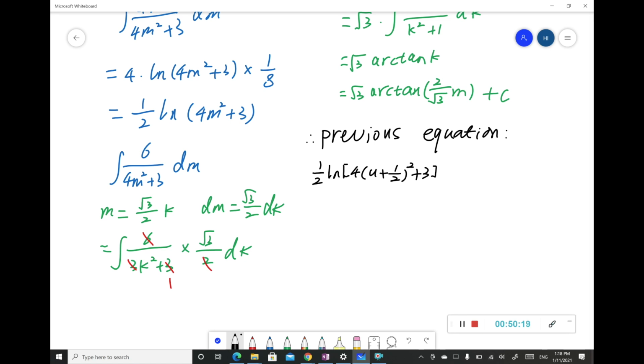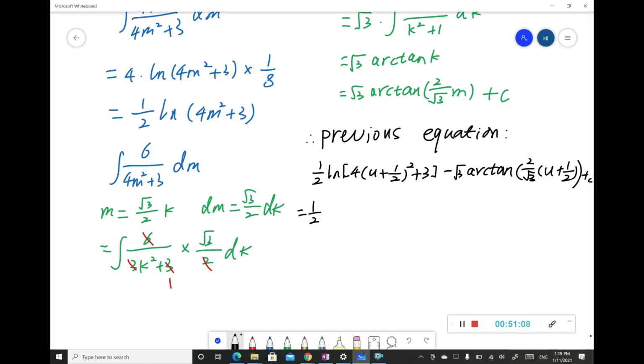And the second item is minus square root 3 times arctangent of 2 divided by square root 3 times u plus 1 divided by 2, and plus the constant value c.